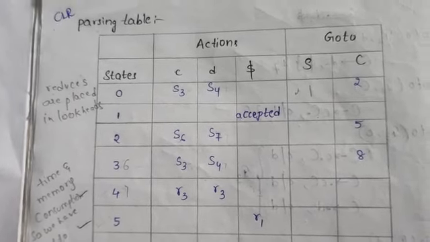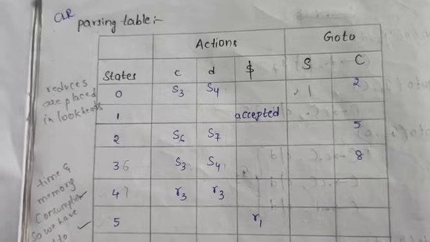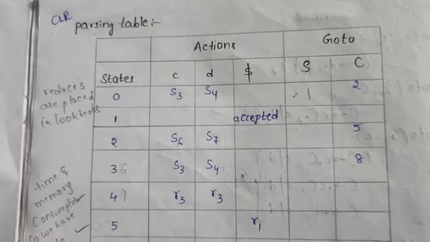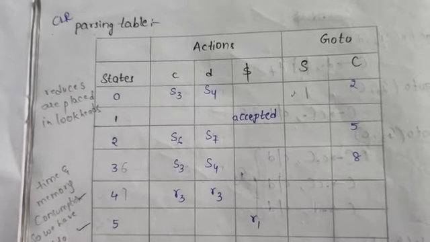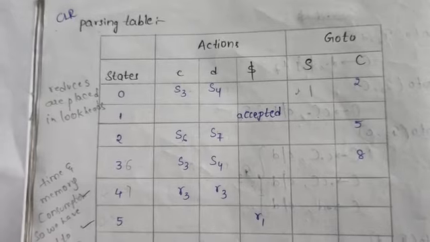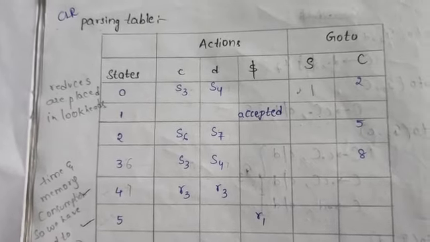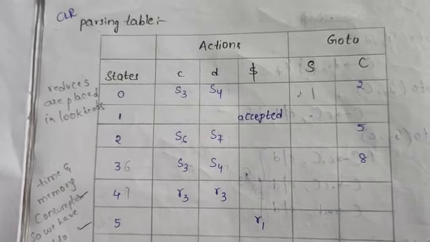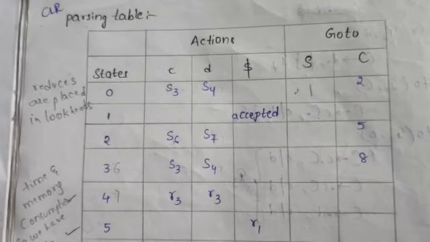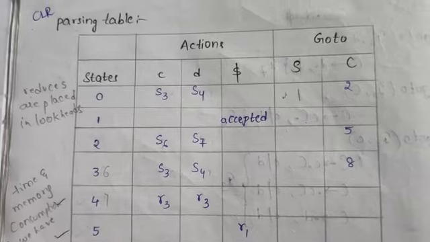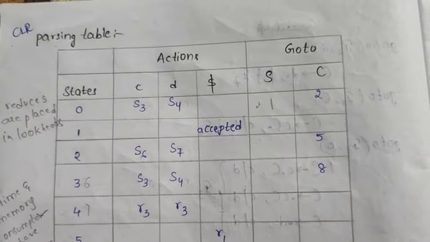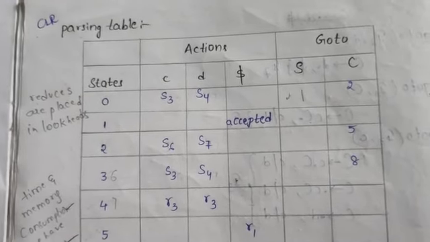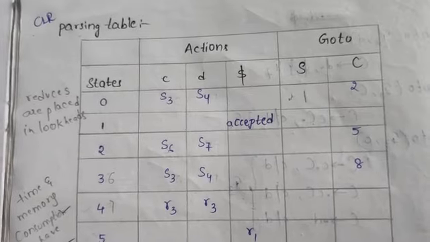Dollar is always in the grammar, and it is placed mostly on the action side of any parsing table. For that reason, here there are three terminals and two non-terminals.